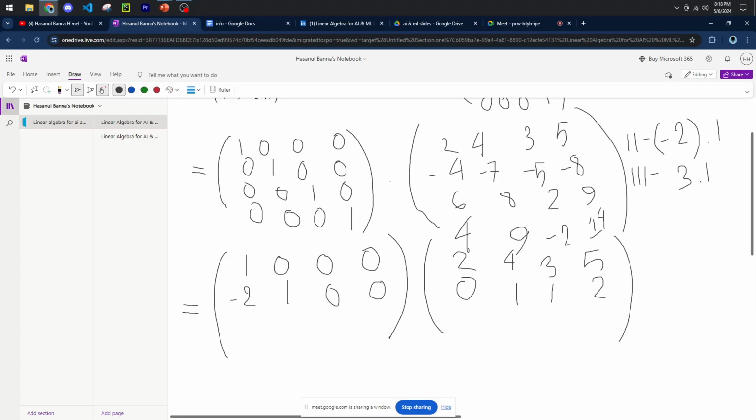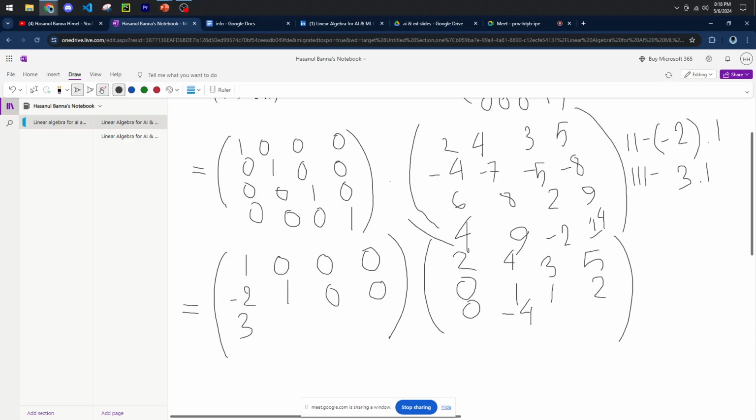Now we will get, as we said before, a value which will be 3. And now let's calculate for the third row. We will get 0 -4.